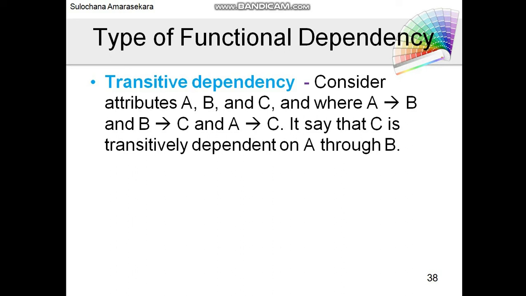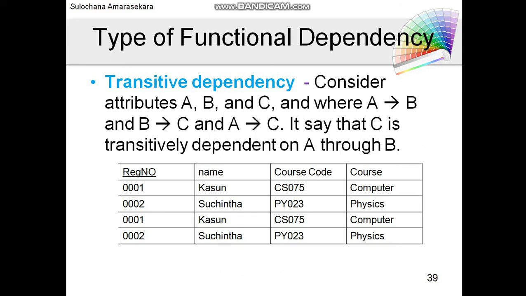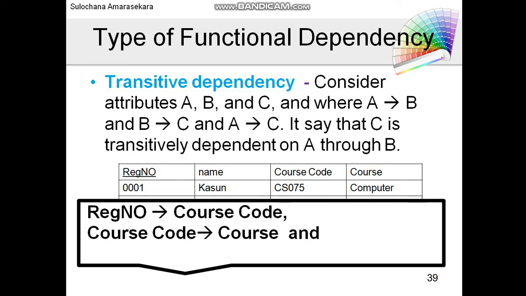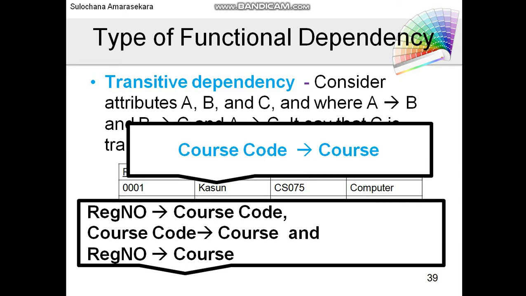In this type of situation, we say C is transitively dependent on A. Consider this example. You can see here course code functionally depends on registration number, course functionally depends on course code, and course functionally depends on registration number. Here we can see the dependency circle. Because of that, course transitively depends on registration number.